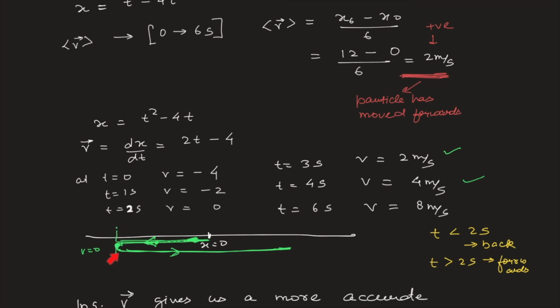The particle stops momentarily, and then the particle moves forwards. And all the velocities are positive after t equals 2 seconds. So instantaneous velocity actually gives us a more accurate description of motion as compared to the average velocity, and that is the point that we wanted to discuss in this video.